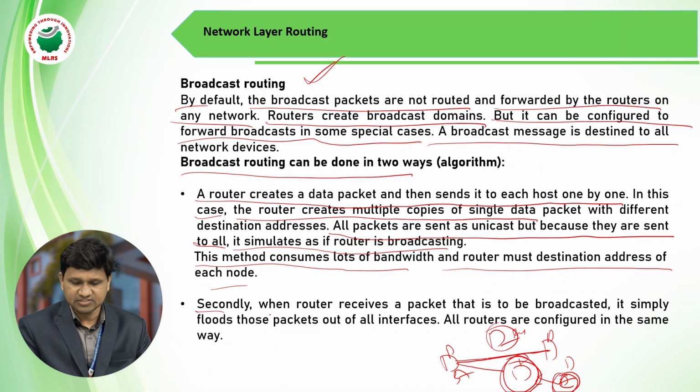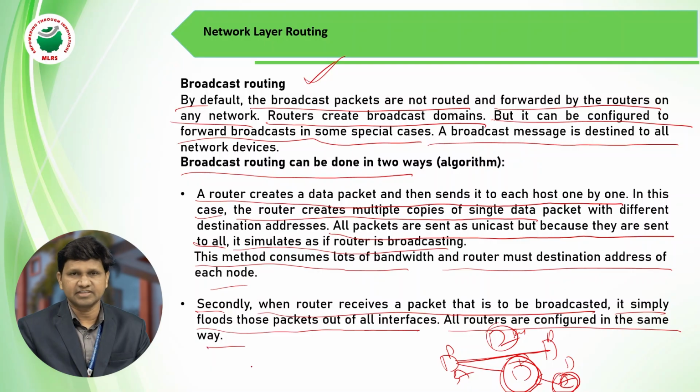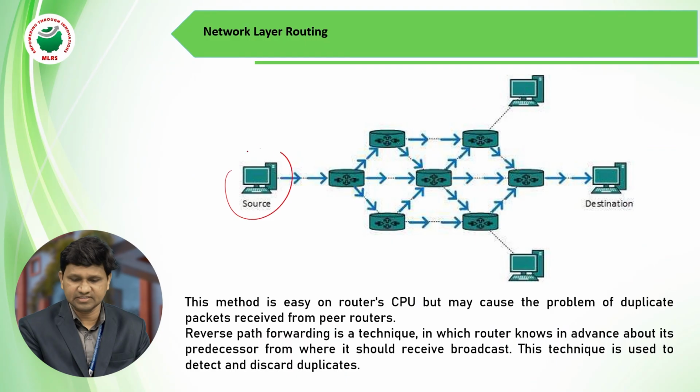Secondly, when a router receives a packet that is to be broadcast, it simply floods those packets out of all interfaces. All routers are configured in the same way. Each and every router maintains the same data. For example, here is the source and destination. Now sending data to each and every device, this is also a device.